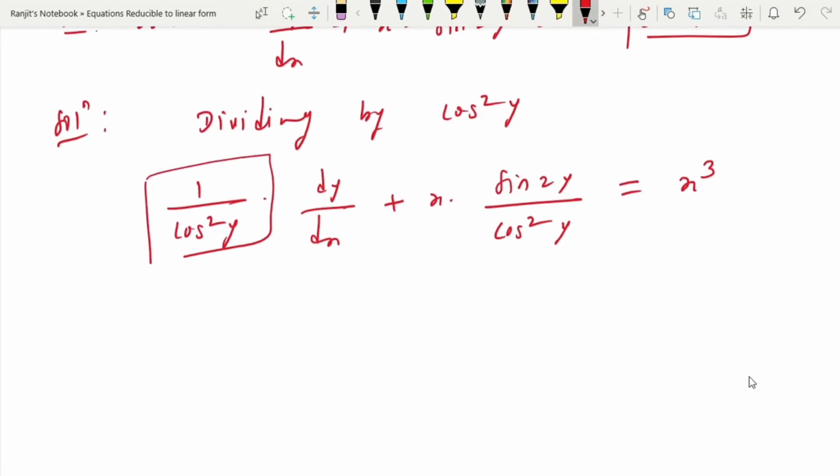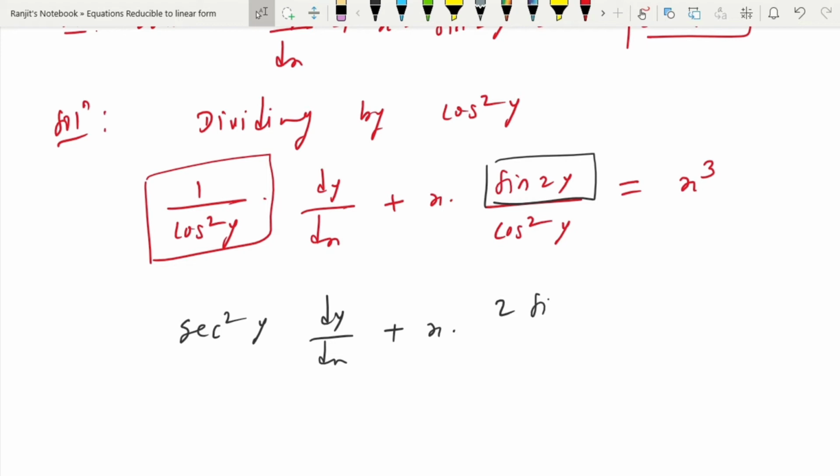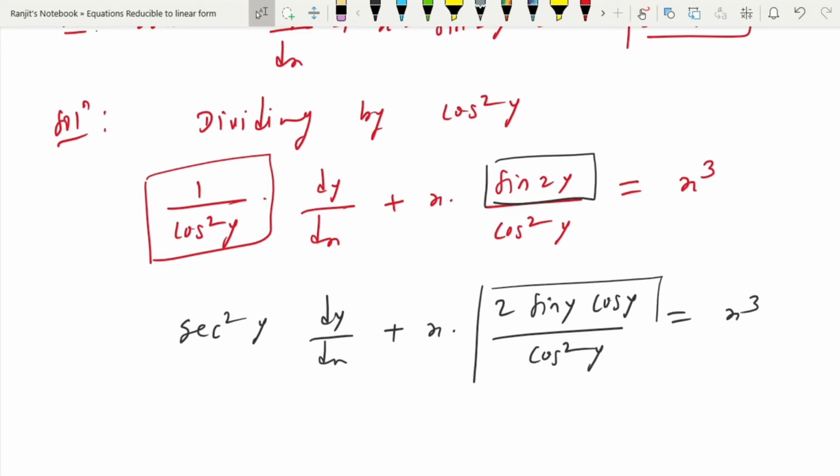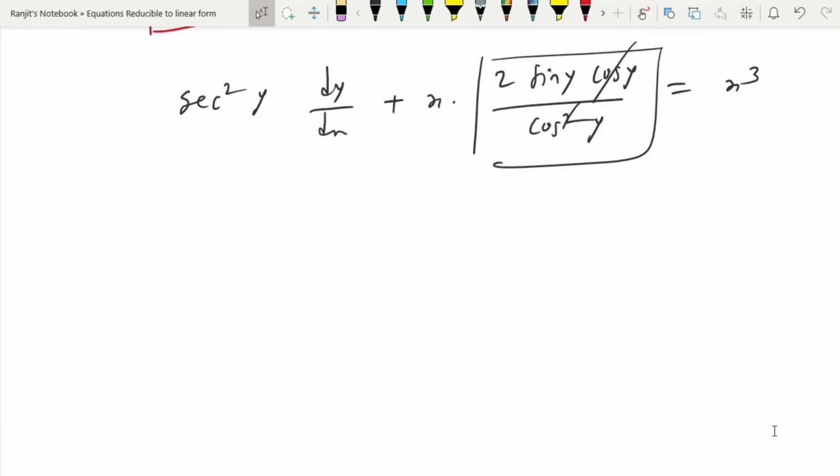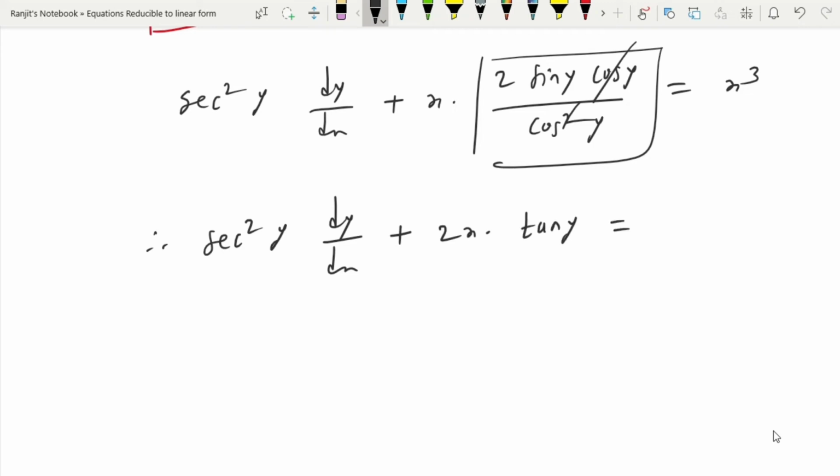Now 1 upon cos y is sec y, therefore 1 upon cos square y is sec square y, times dy by dx plus x times sine 2y, which is 2 sine y cos y, upon cos square y is equal to x cube. Now one cos y gets cancelled from numerator and denominator. Here x times 2 means 2x, and sin y upon cos y is tan y, is equal to x cube.